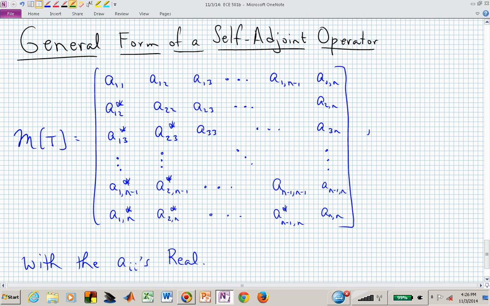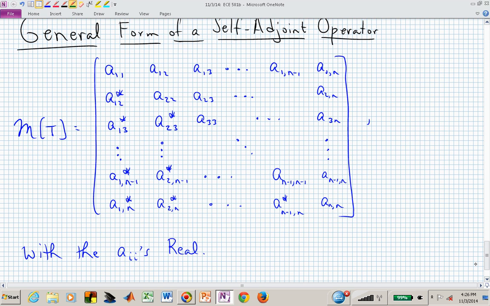All of those above the diagonal we can just call the normal A's, and then simply take the transpose effectively, take the row and make that the column, and conjugate all of those, and that now leaves us with this structure for a linear map's matrix representation with all the diagonal entries being real. That's the general form of a self-adjoint operator.